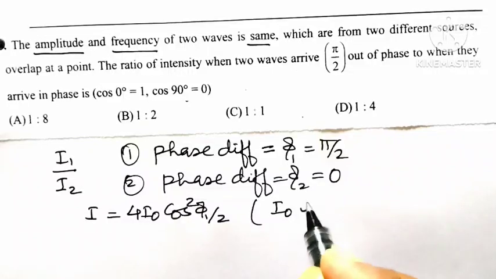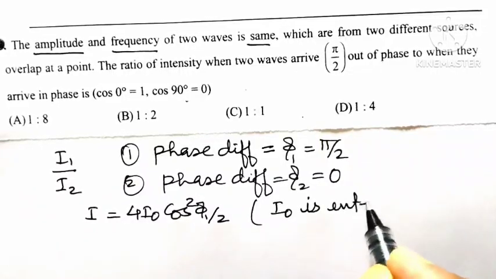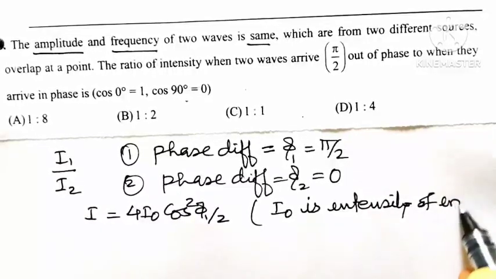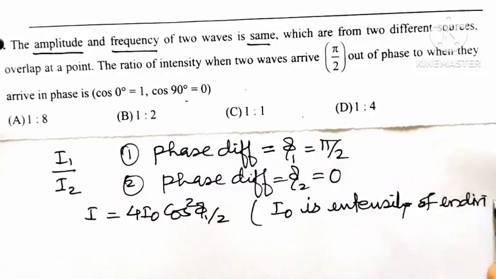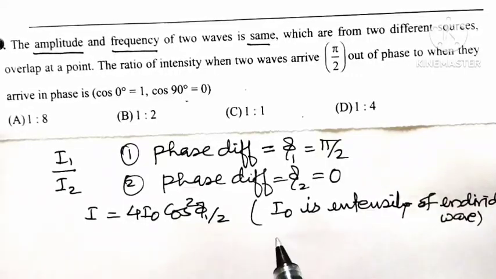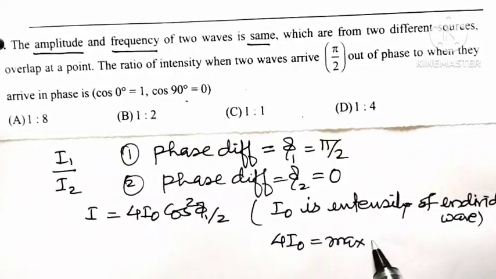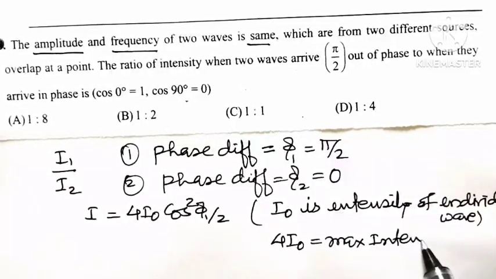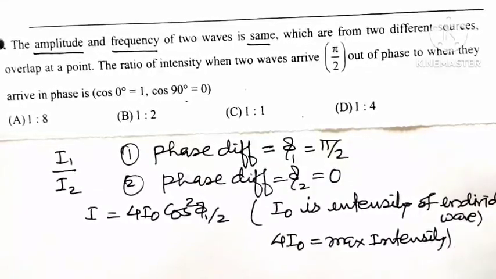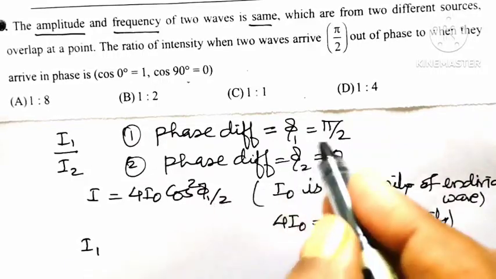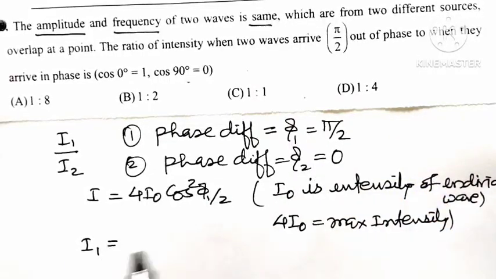Remember here I0 is intensity of each of the individual waves, whereas 4I0 represents maximum intensity, and phi 1 is the phase difference.